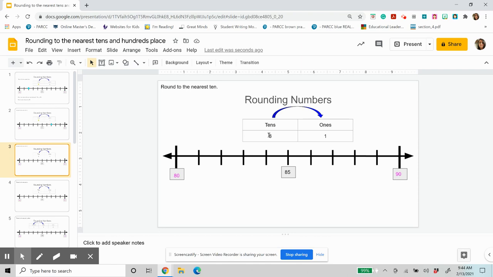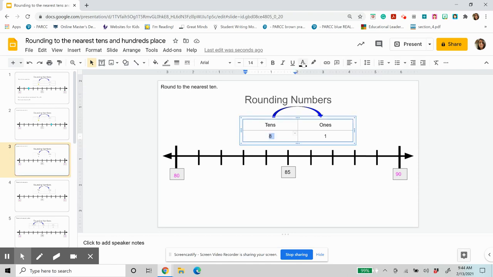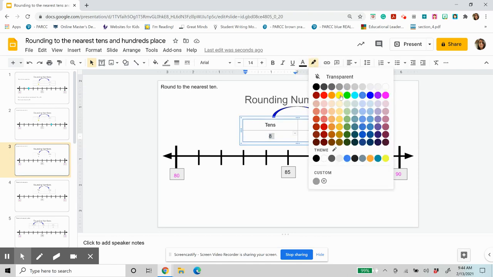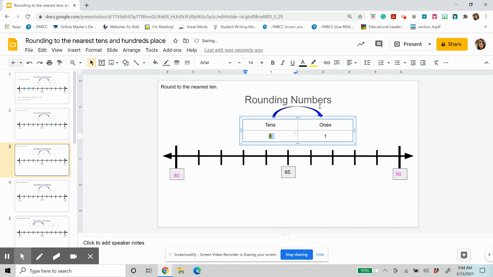So again, I can underline this number or highlight it. And then I look at my deciding number. It's a 1. Remember we said if it's 5 or more, we're going to go up, and if it's lower, we're going to round down.